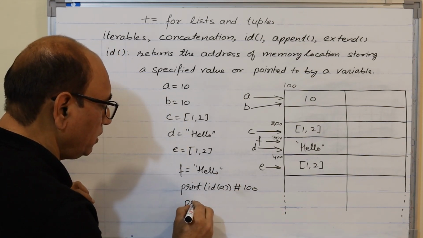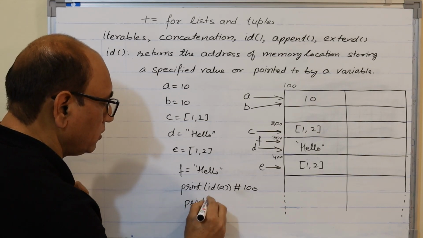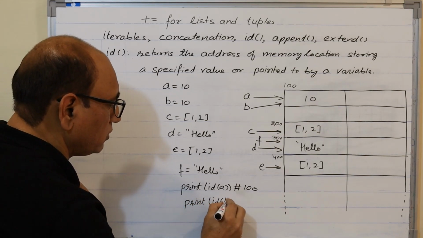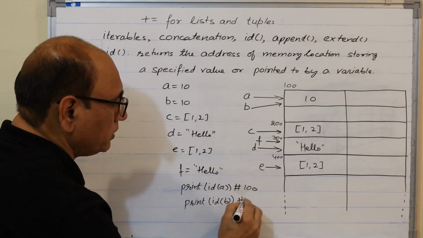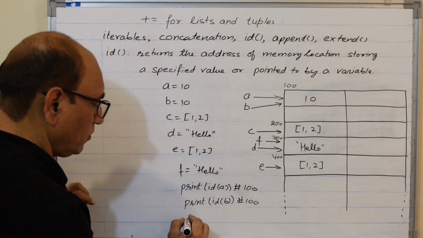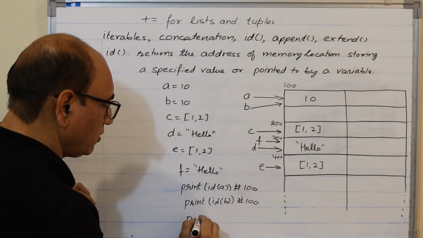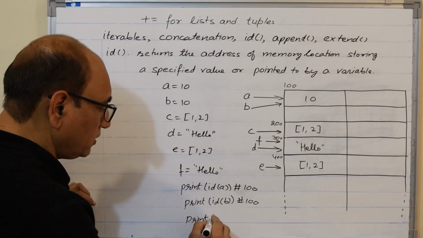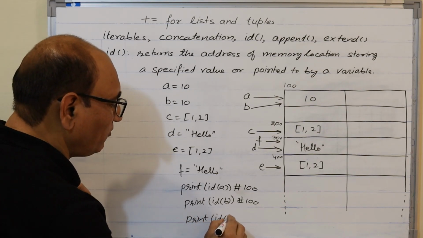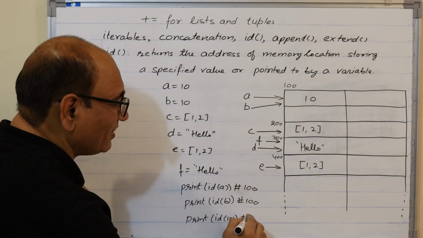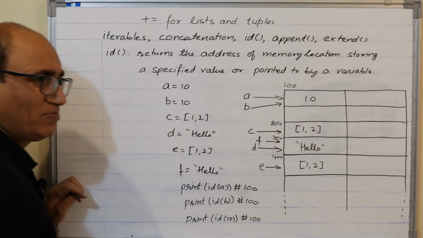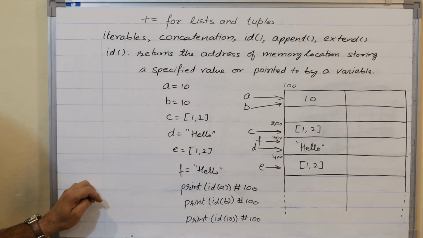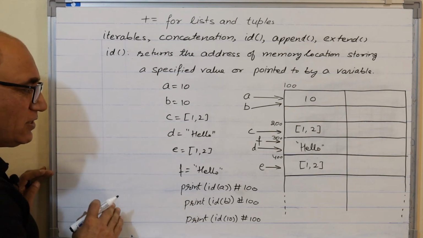Print id of B. That will also be 100. Print id of 10. That will also be 100. I hope this is clear.